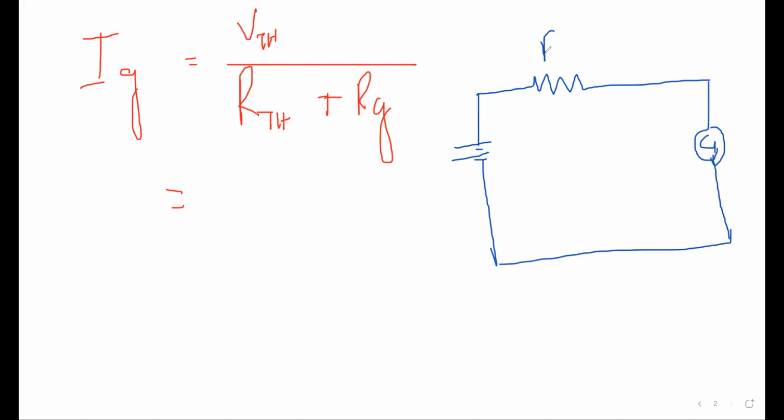So here I know what is my RTH, and you know your VTH, so you will put the values here. And in galvanometer here, you have to find out the IG. You already know the resistance of galvanometer here, that is 100 ohm. So you place the values here. This is the ultimate circuit we are getting. So tell me the answer.